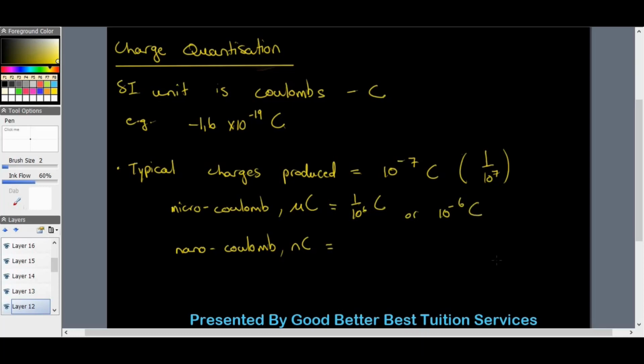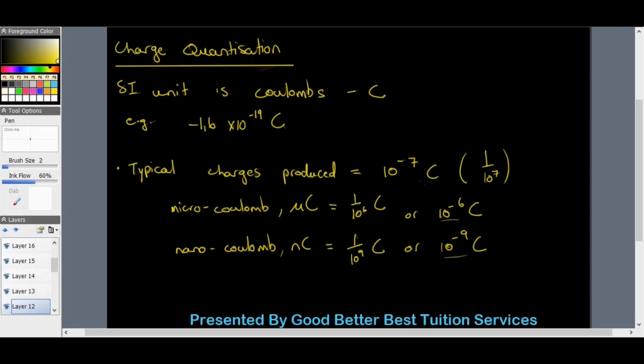So if you see a microcoulomb, you know it's times 10 to the -6. Whenever you see a nanocoulomb, it's 1 over 10 to the 9 coulombs, or 10 to the -9 coulombs. It's typically written in these two forms because of scientific notation.